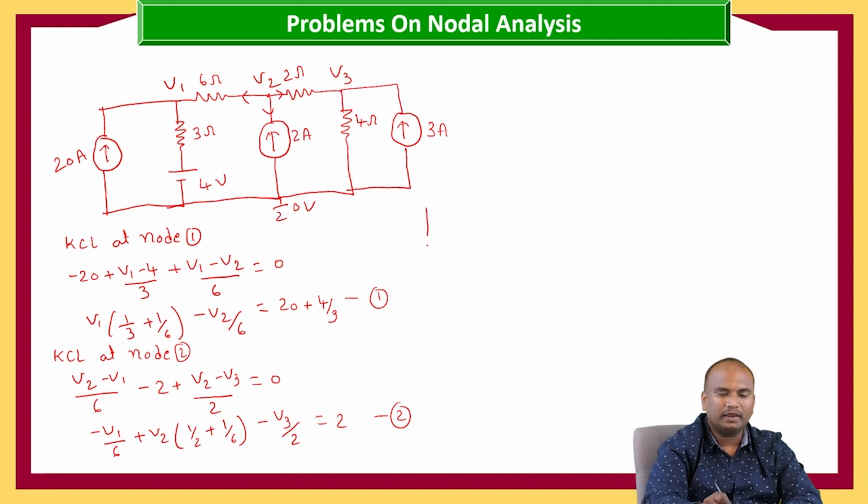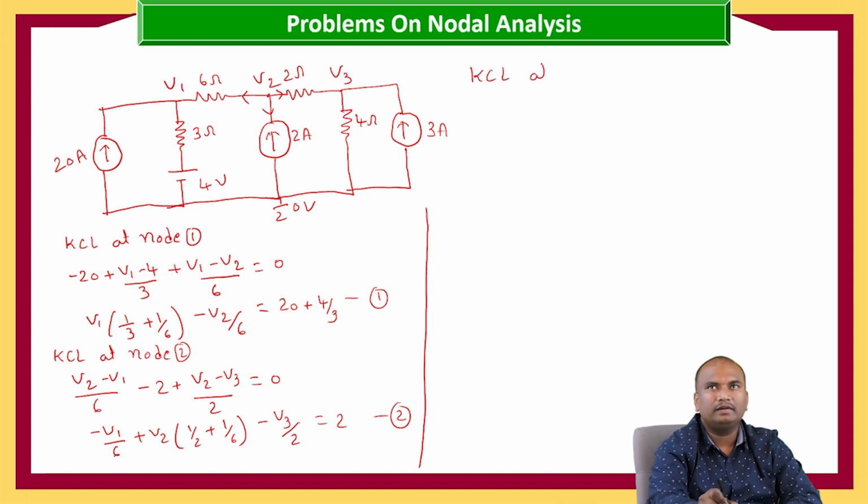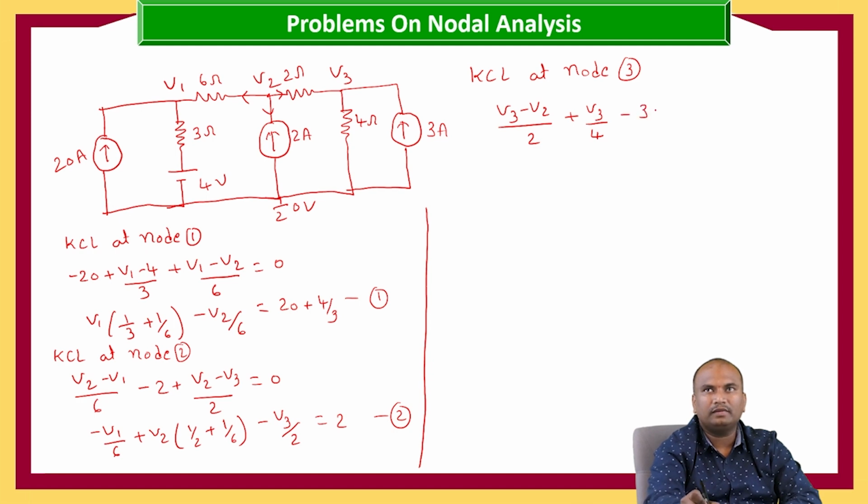Now the KCL at node 3, that is (V3 minus V2) by 2 plus V3 by 4 minus 3 equals 0. That is minus V2 by 2 plus V3 into (1 by 2 plus 1 by 4) equals 3. This is our equation number 3.